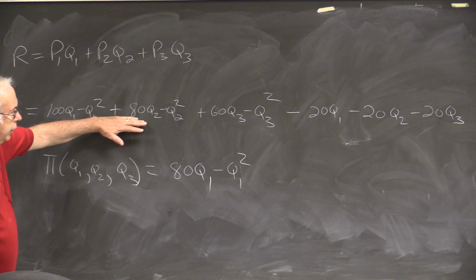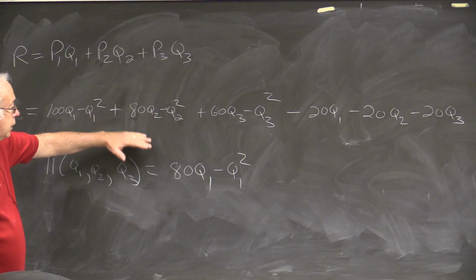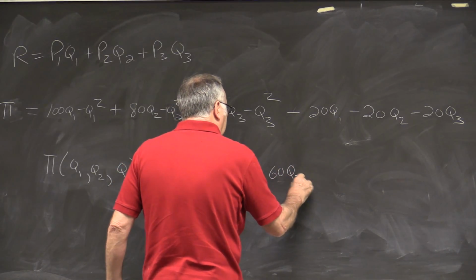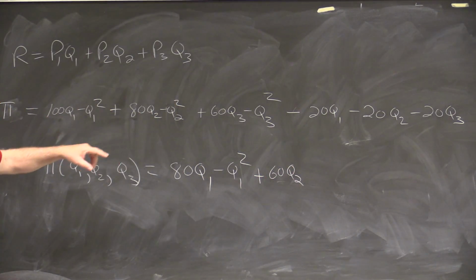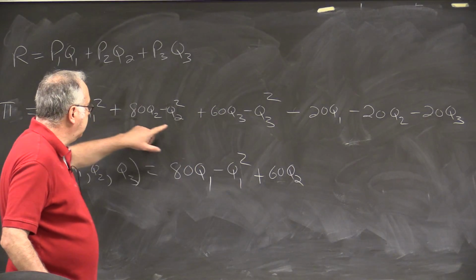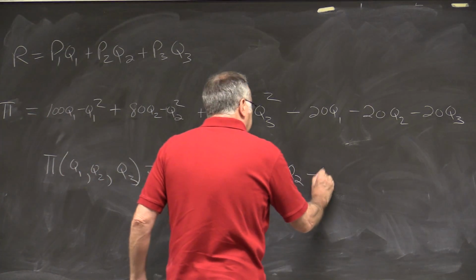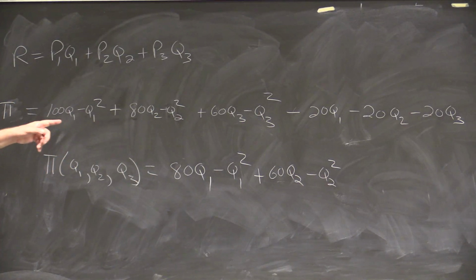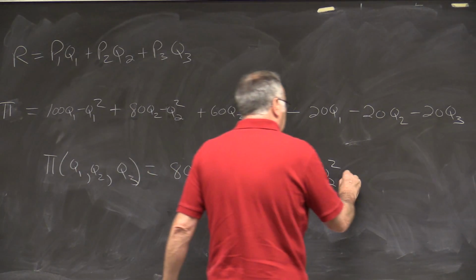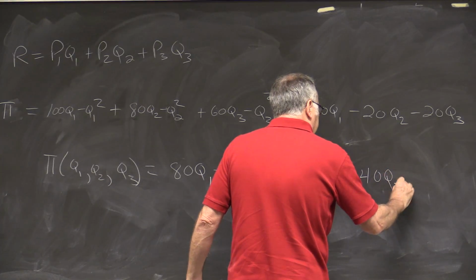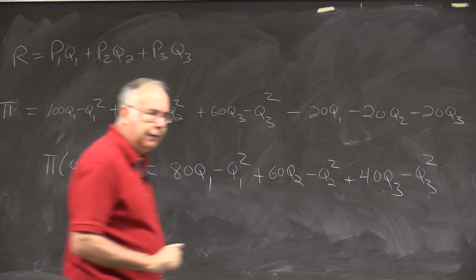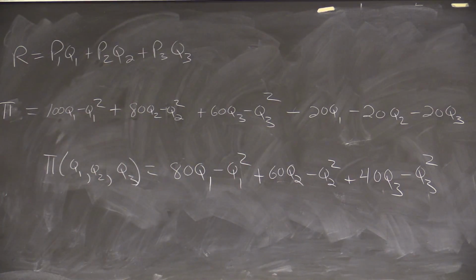We've got 80 Q2 minus 20 Q2, so this is going to be 60 Q2, minus Q2 squared. And we've got 60 Q3 minus 20 Q3, that's 40 Q3, minus Q3 squared.